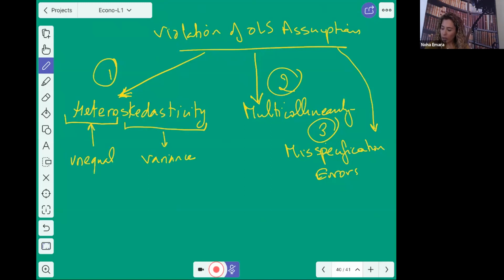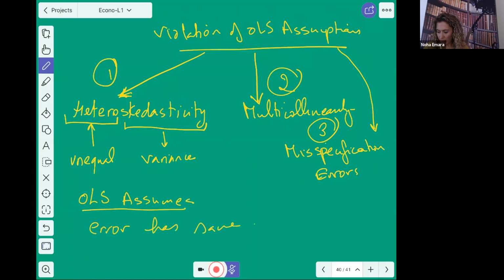We know, based on the assumptions I mentioned, that there is a critical assumption of the classical linear regression model, that the error term will have the same variance. So the OLS assumes that the error term, or U, has the same variance all over the data set I have.